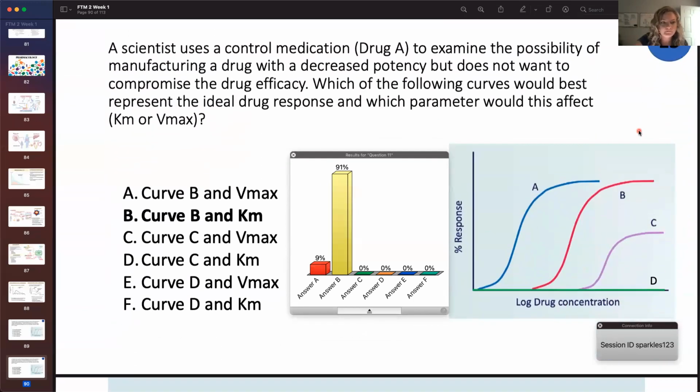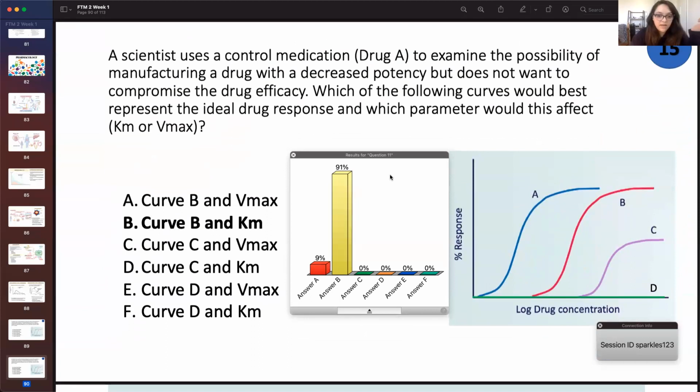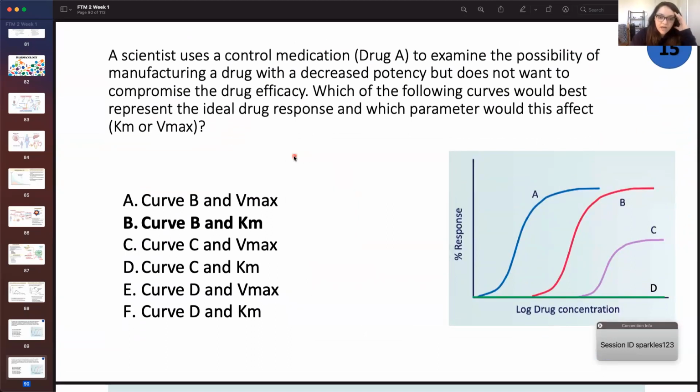Okay, so it looks like most of you got this. When we're talking about Km, are we talking about your x-axis or your y-axis? X-axis, exactly. So when we're talking about drug affinity, we're pretty much asking whether we are moving to the left or to the right on our x-axis.